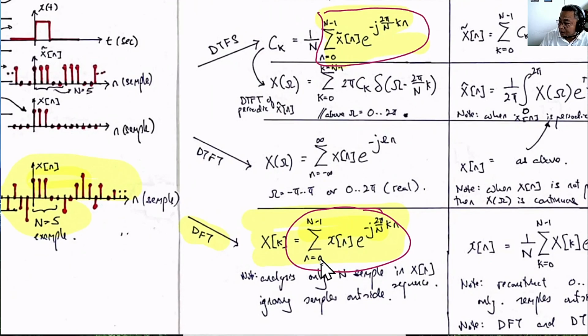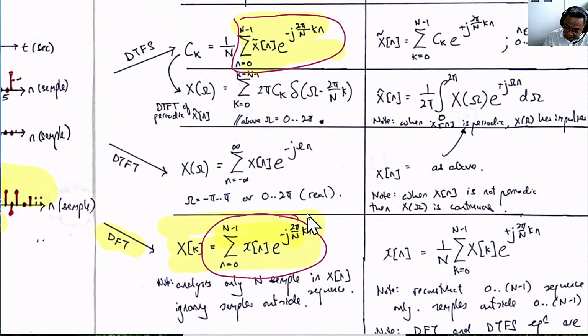Look, n equals 0 to N minus 1, those 5 samples in this example, e to the minus j2 pi over N kn. So this guy and this guy are exactly the same. They will give you the same answer when these 5 samples and these 5 samples are the same. What's the difference? That 1 over N here. 1 over N is in front of the ck, and there's no 1 over N here.